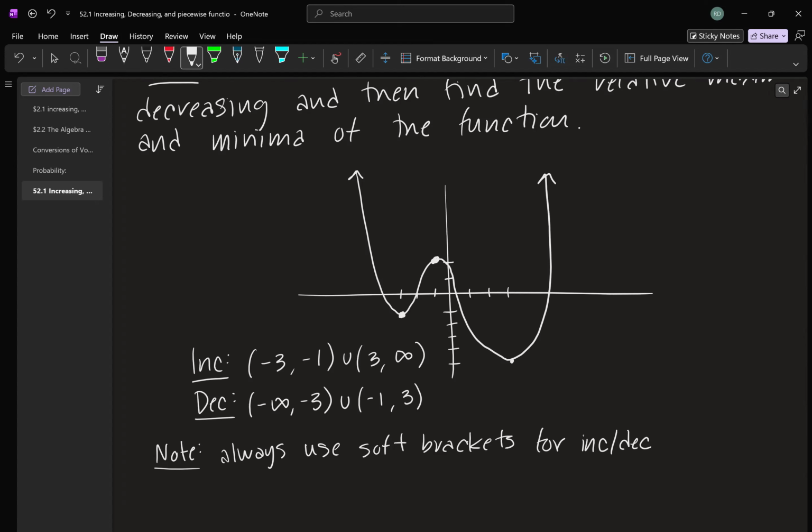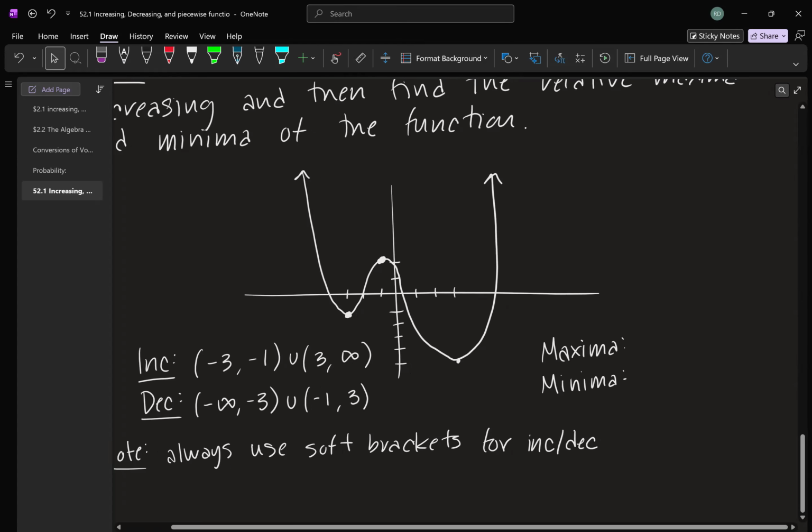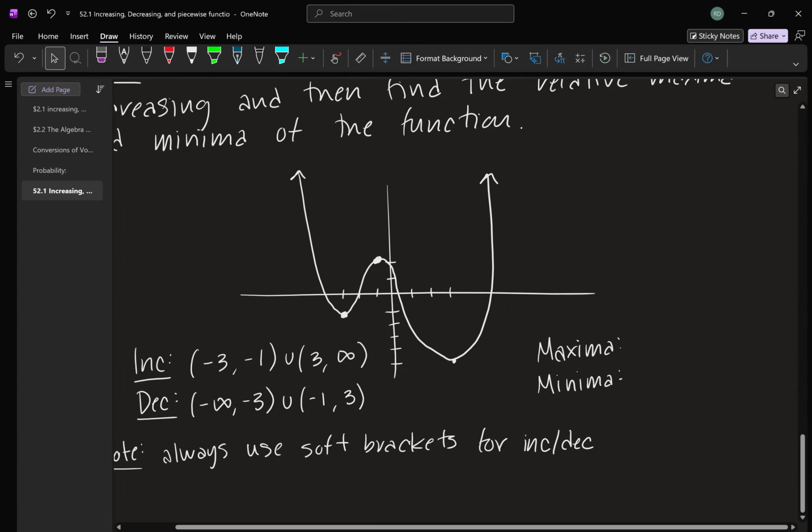Let's also find the maxima and minima. We have one maximum, and it's going to be this point here, the tallest in its little area there. So there's 3 ways that you can write this answer. The important part is the y value.